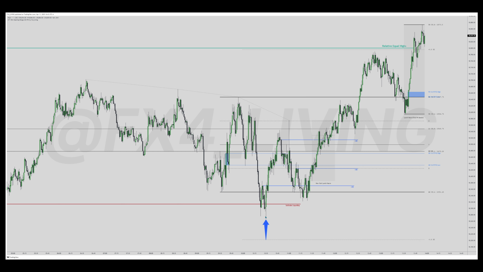The reaction that we have in this area right here was a deviation in between the AM opening range low and the minus 0.5 standard deviation. So it's basically minus 0.25 standard deviation, and that was basically the case right here.